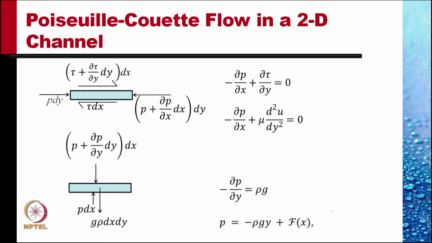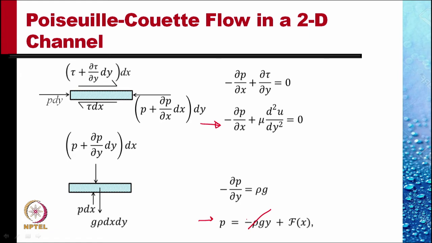Now, let's go back to this equation. If I take the x derivative of this, the first term will drop. So del P by del x would be a function of x alone.